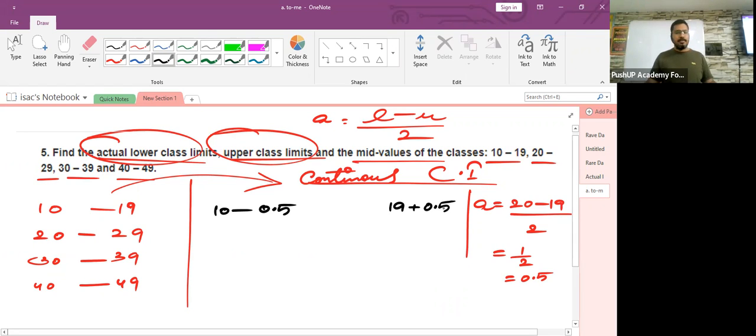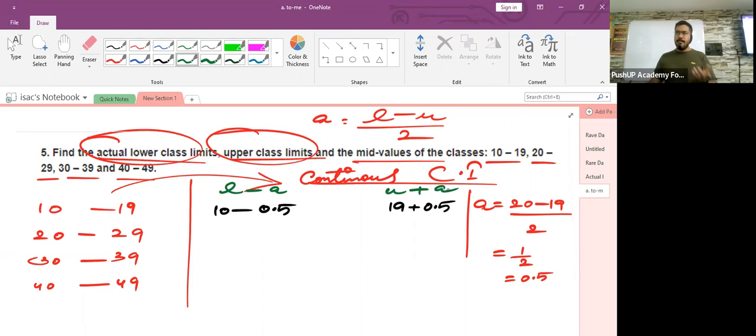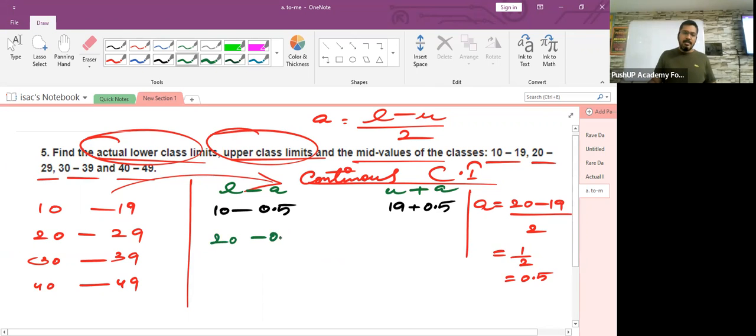Now, what should I do with this adjustment factor? 19 plus 0.5, isn't it? Are you getting it, children? It's the lower limit minus adjustment factor, upper limit plus adjustment factor. If you want to note it down: L minus A and then U plus A. Lower limit minus A, upper limit plus A. So here also 20 minus 0.5, here 29 plus 0.5.